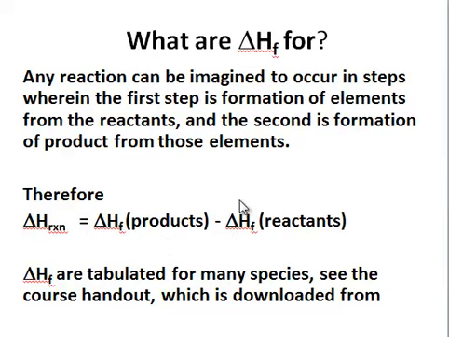So we take away the heat of formation of all the reactants from the total. To restate, the heat of any reaction is the heat of formation of all the products minus the heat of formation of all the reactants. That's what heats of formation are for.